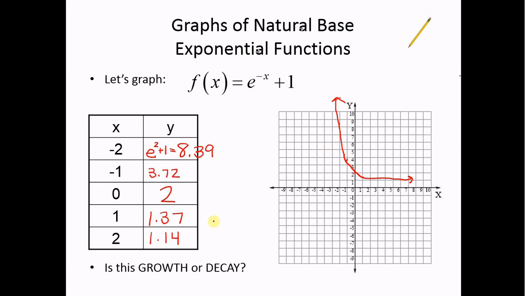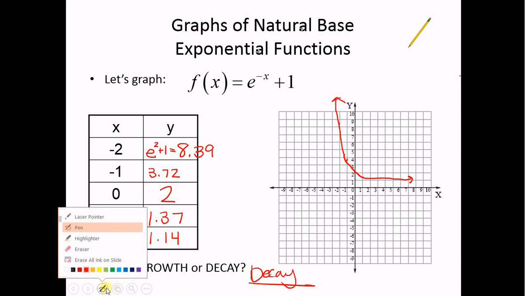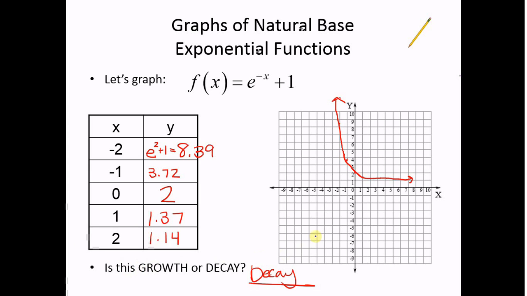There we go. So now, is this a growth or decay graph? You're right, it is a decay graph, and its asymptote is right here at +1. So my asymptote is y equals 1.